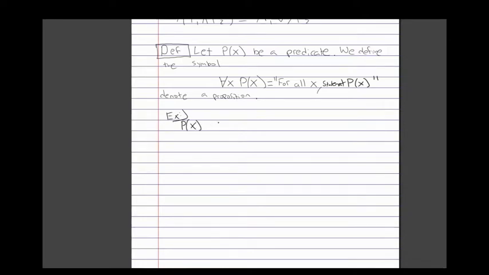Then we can say that for all x, p of x is the proposition for all x, x is greater than 1. So essentially it encapsulates the idea of saying for all x, the statement p of x, whatever that statement is.